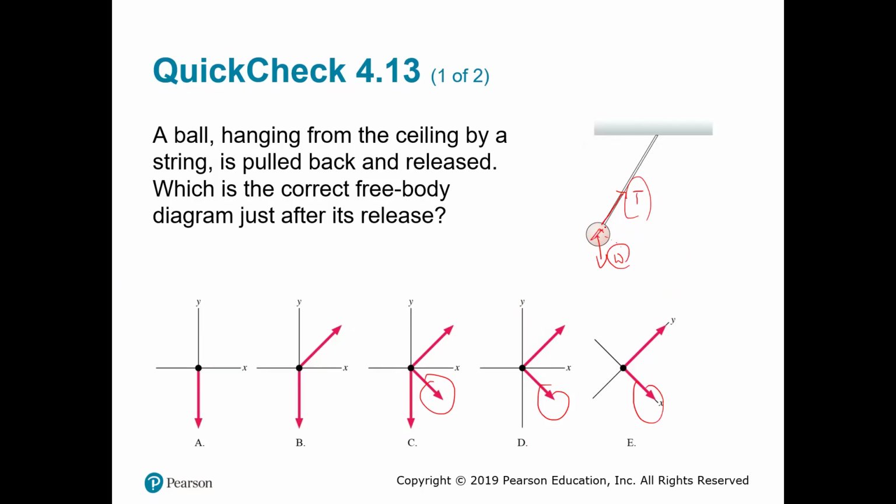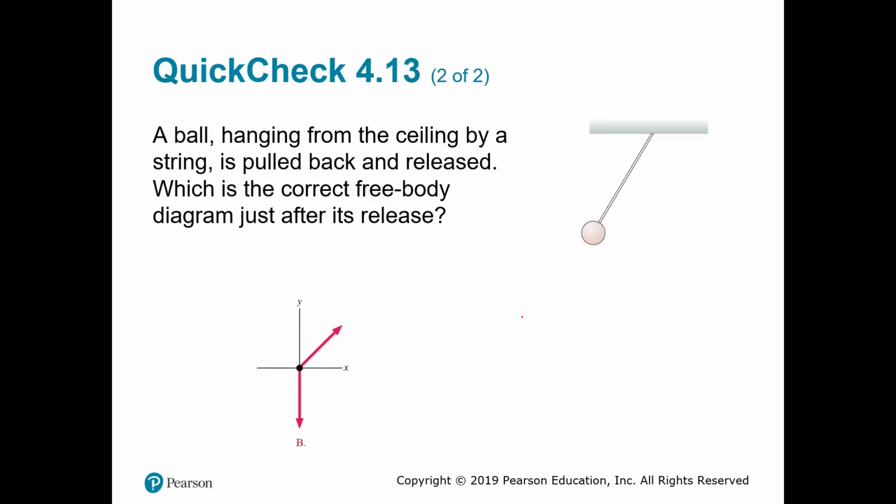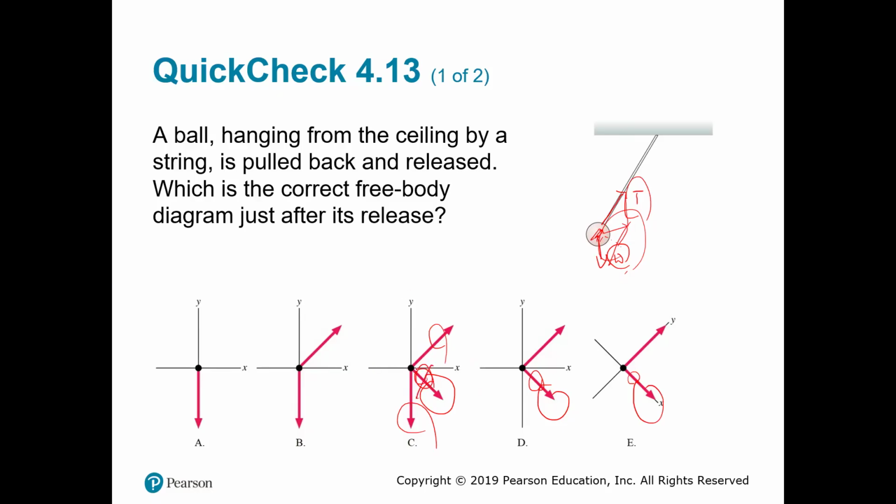The motion of the ball is determined by the net force, right? This is not a new force, but a sum of two vectors, okay, forces. So the answer is B, right? It's a result of these two forces.